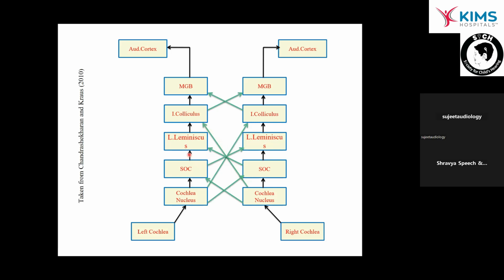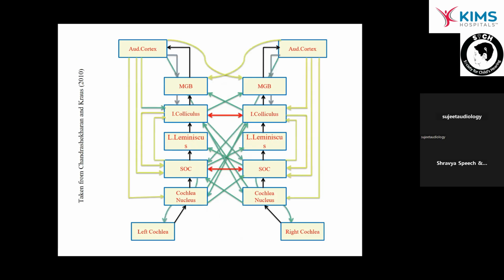Then you have the SOC, which gives an ipsilateral connection to the lateral lemniscus, and a contralateral connection to the lateral lemniscus. You also have a connection from here to the inferior colliculus. So you have multiple connections from the cochlear nucleus till the medial geniculate body. But this is one part of the system which you are seeing.